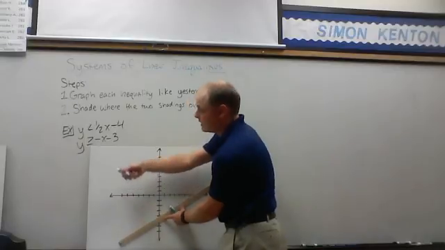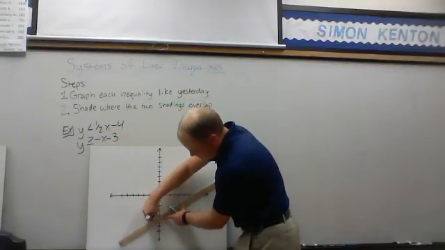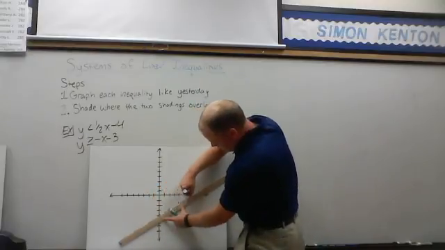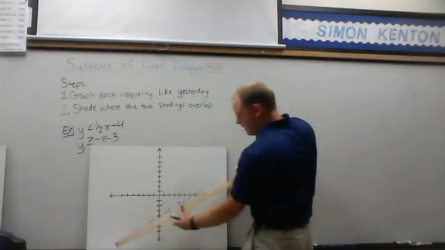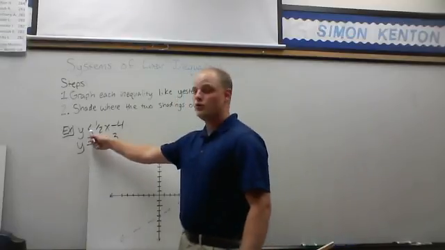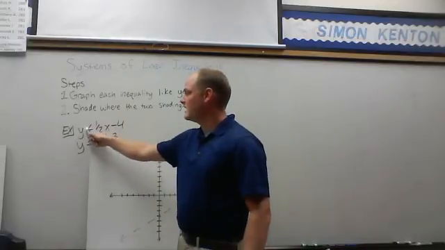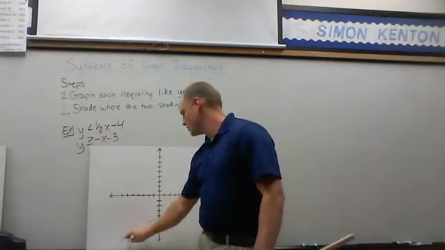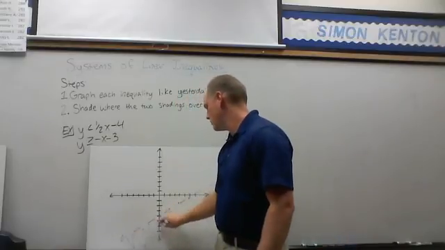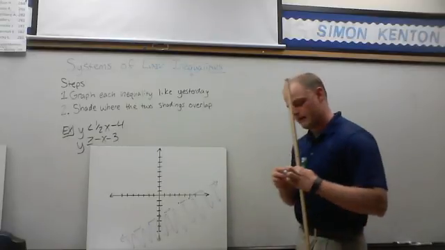This one you're probably saying, yeah, that one should be dashed. Okay, so put my arrows on it. And then hopefully you do the shortcut because that's a lot quicker. Since the y is on the left side, less than means shade below. So I'm going to shade down here. So it looks like that.